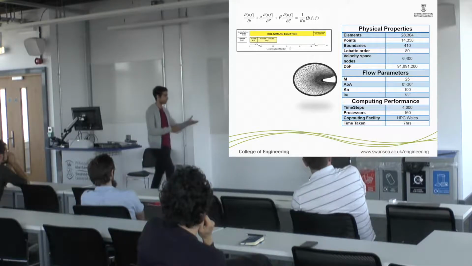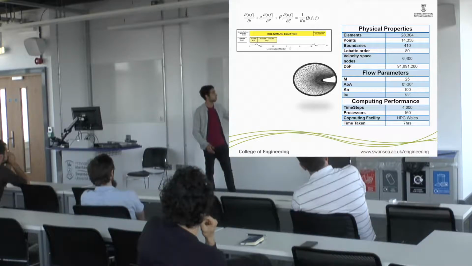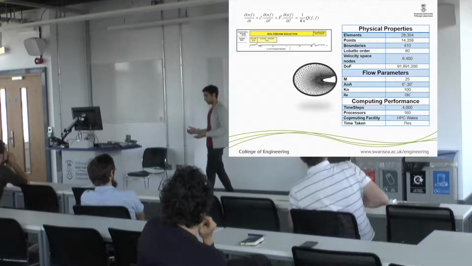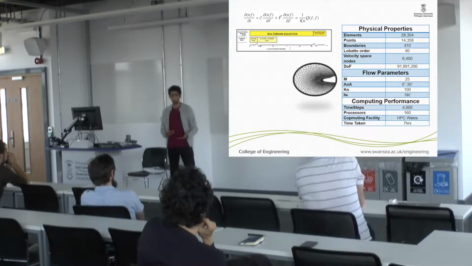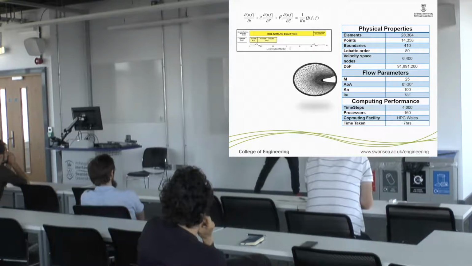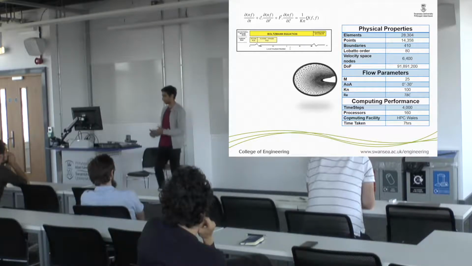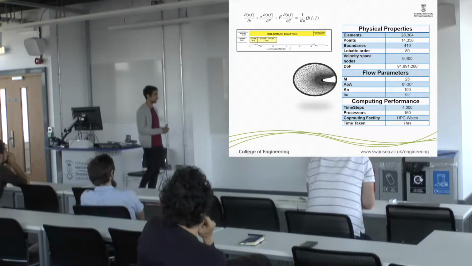So for example, if we have a mesh, modeling a spaceship entering the atmosphere, this mesh has around 28,000 elements. So in a normal equation, we'll have 28,000 degrees of freedom. The problem is that every single mesh point will have another 6,400 velocity space mesh on top of it. So when we multiply the number of elements, the number of points, and the number of velocity nodes, we get 91 million degrees of freedom.